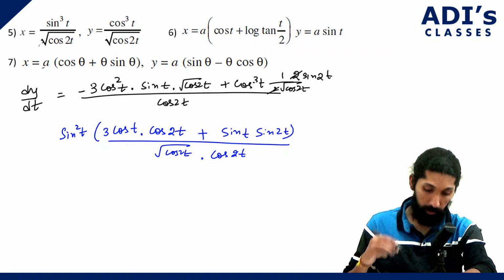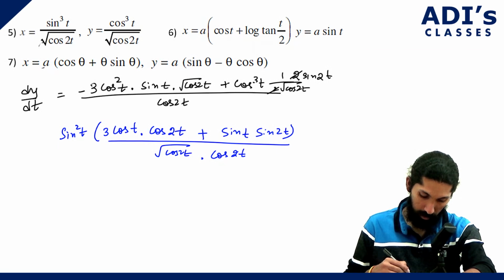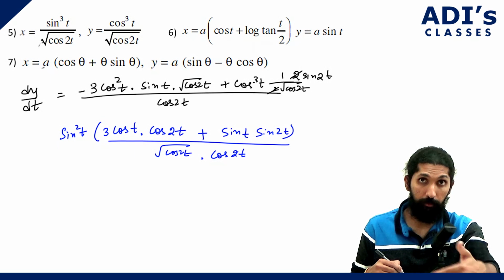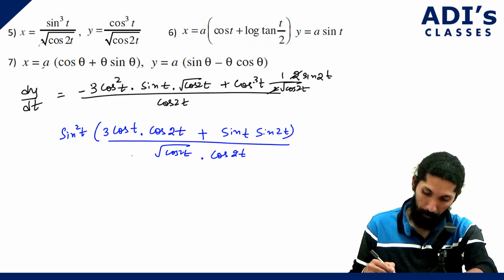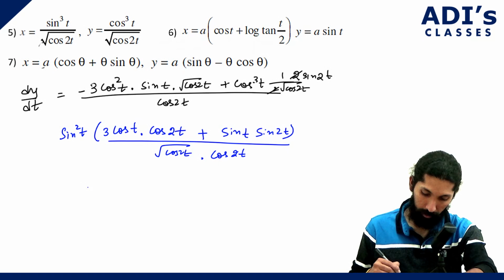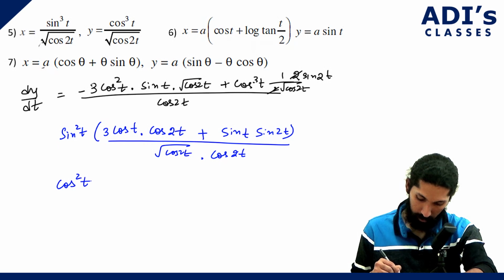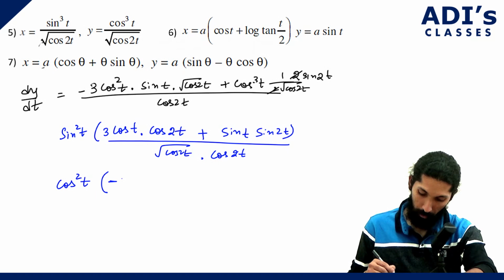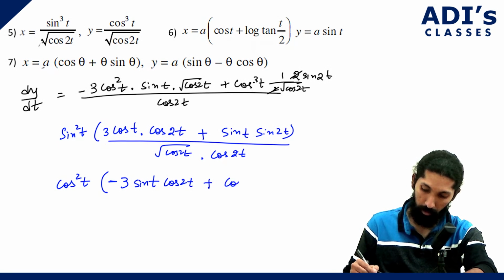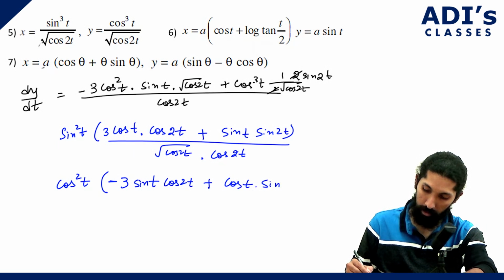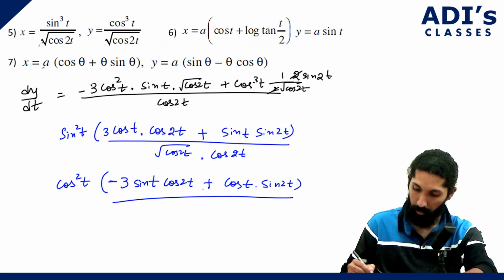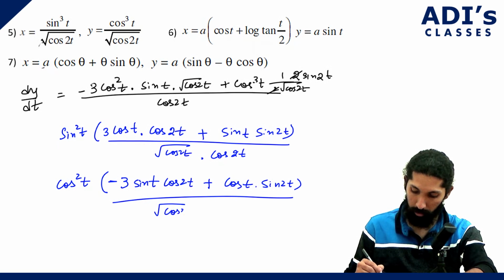For the next one now, see, dy by dt, if you simplified by taking common and LCM and all, you can take cos square t as common, minus 3 sin t into cos 2t plus, here it's going to be cos t into sin 2t, whole divided by root of cos 2t into cos 2t.